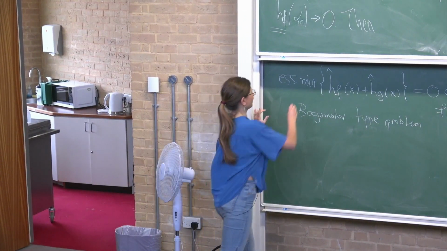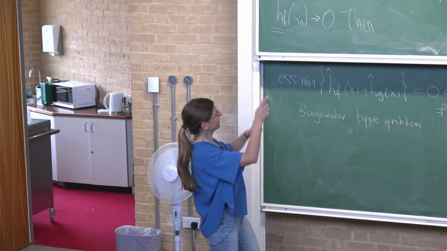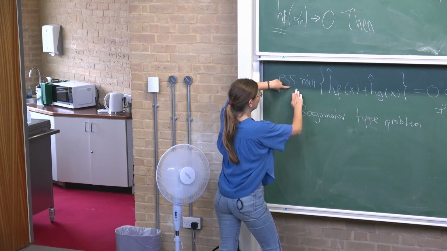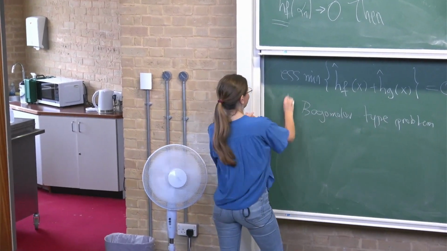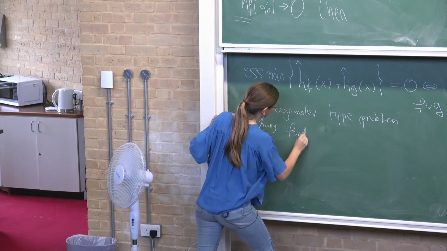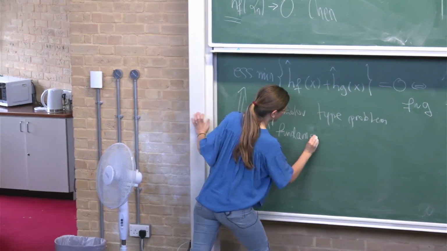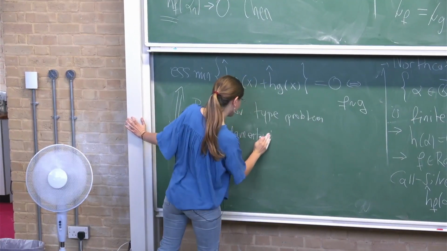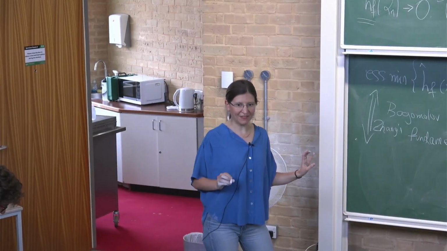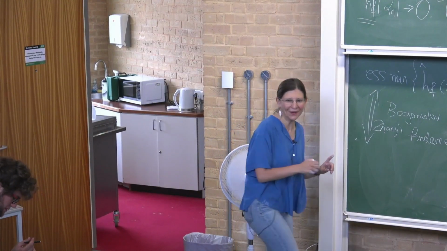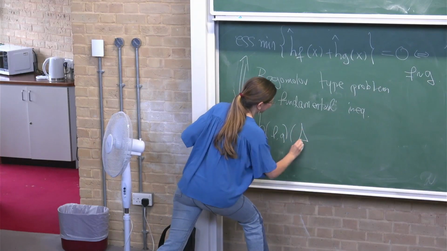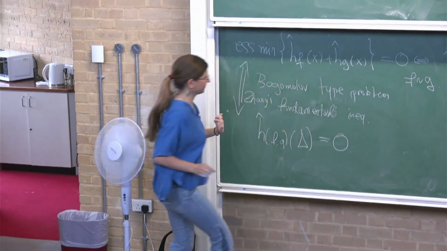And maybe the last thing I want to say, because that will tie us to the next 2 days, it's also known by Zhang, the Zhang fundamental inequality, that this essential minimum is 0 if and only if the canonical height of the diagonal is 0.